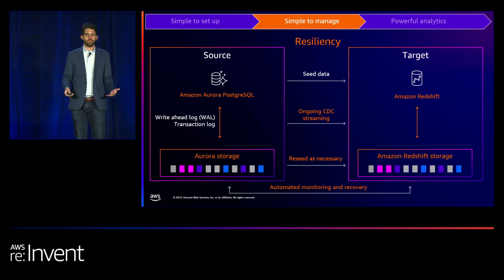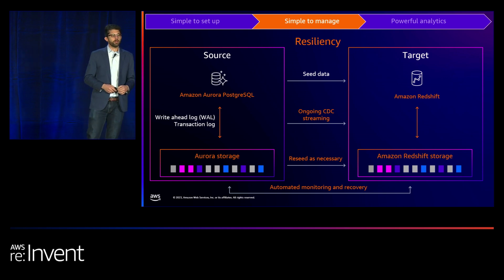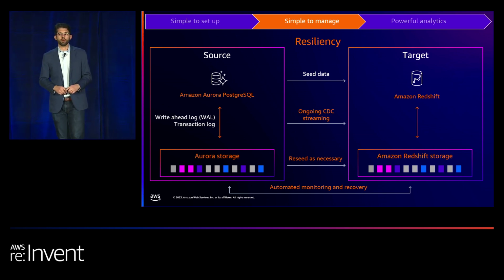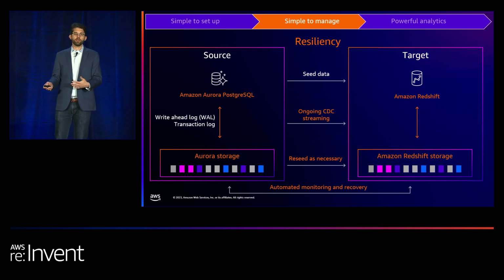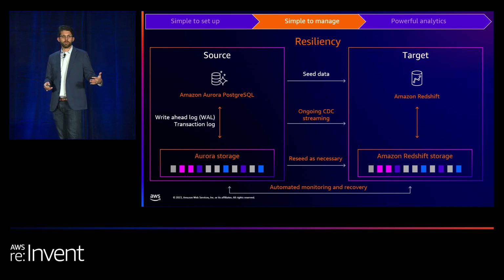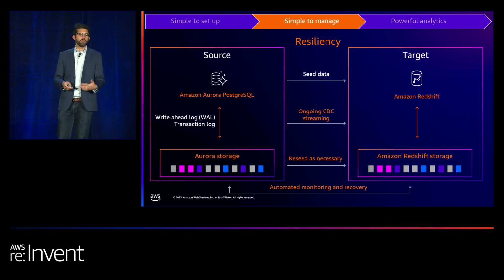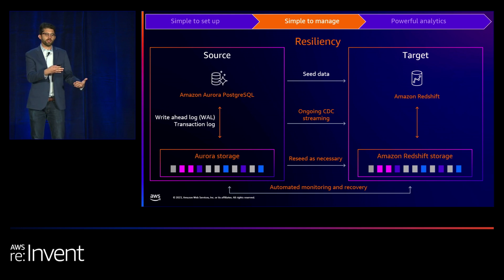So even in the face of issues, you're able to fail over and get back up and running very quickly. And then in the middle, that CDC streaming fleet I spoke about, that's fully managed for you, and it's built to be resilient. And so if something happens to the compute, we switch over to another compute instance, and because the change data capture log, that logical replication log, is stored in Aurora storage, we just catch up.